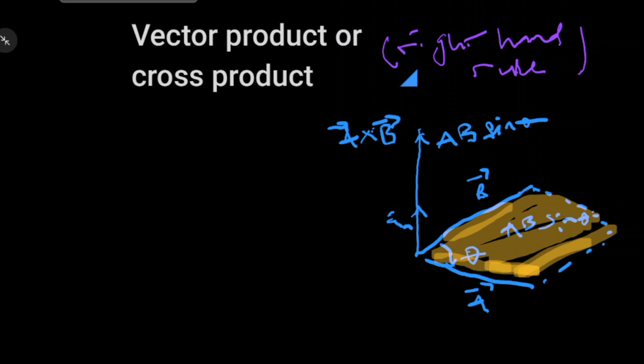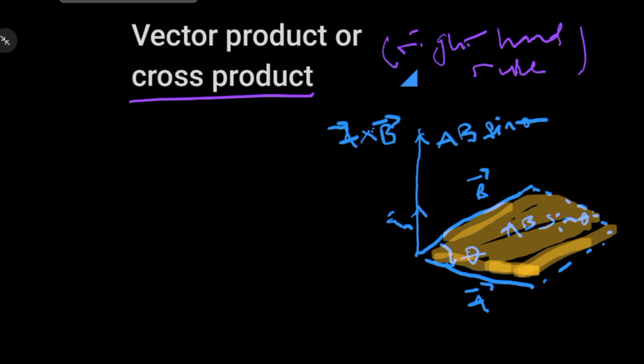The vector product is commonly known as the cross product. While the dot product gives you a single number, which is a scalar, the cross product results in a completely new vector that is perpendicular to the original vectors.